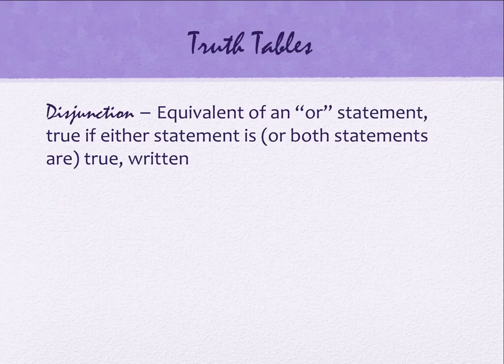Okay? Or statement. So I have the equivalent of an or statement. It is true if either statement or both statements are true. And it is written P, Q, and it has what really looks like a V shape in between them. That's the notation for a disjunction or an or statement.